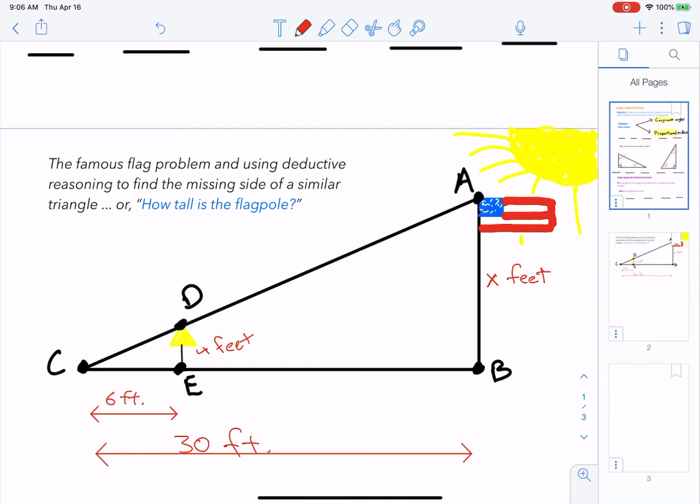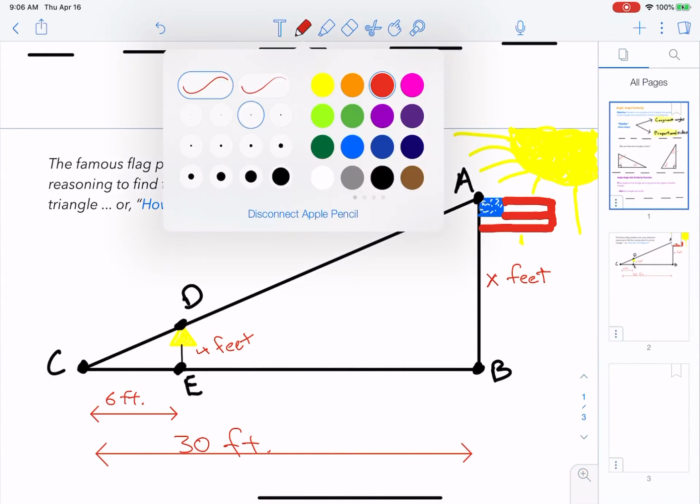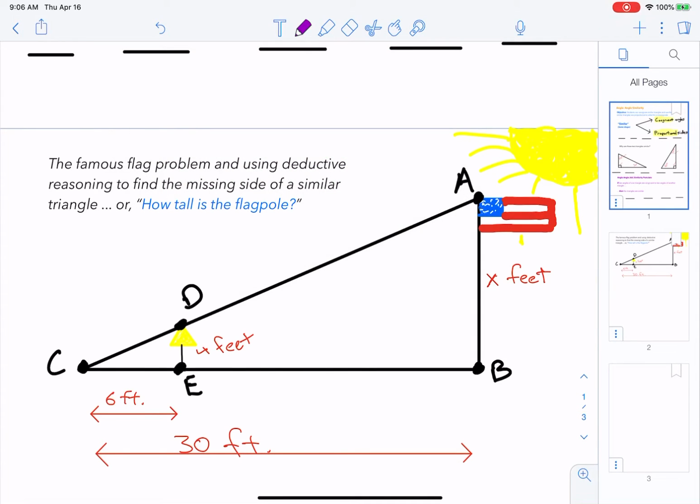So let's look here. There's really only two triangles here, so I'm going to write them down in this magenta color.